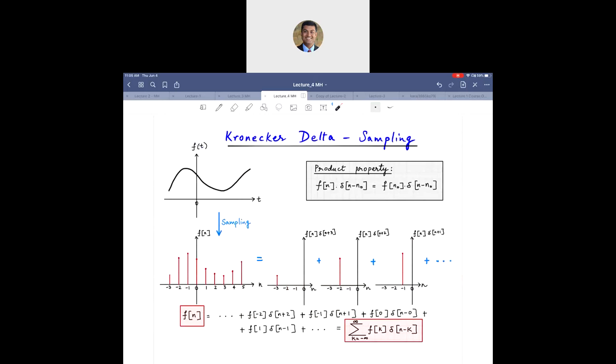Now let's see how we can deal with this in a more generic sense. Like I said, this unit impulse Kronecker delta function is going to be very crucial for sampling any arbitrary continuous time signal. All we have to do is sample the continuous time signal. We get a set of samples as shown over here. This is our continuous time signal f of t. Then we sample it, and we are representing it on n here.